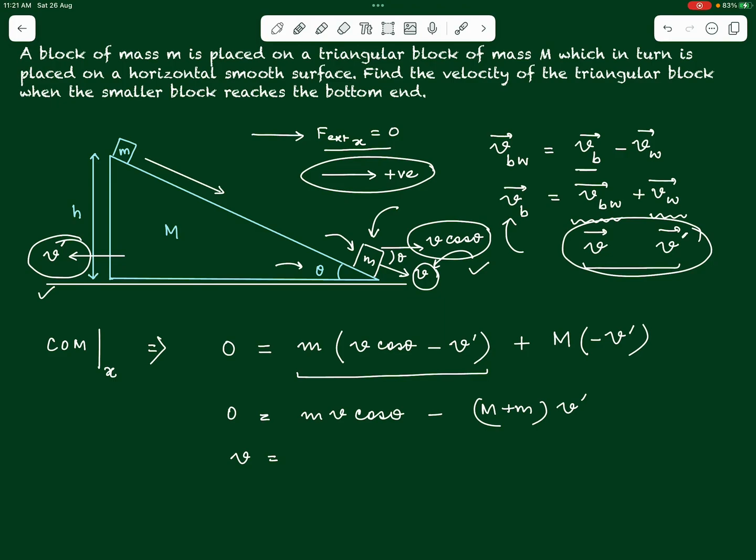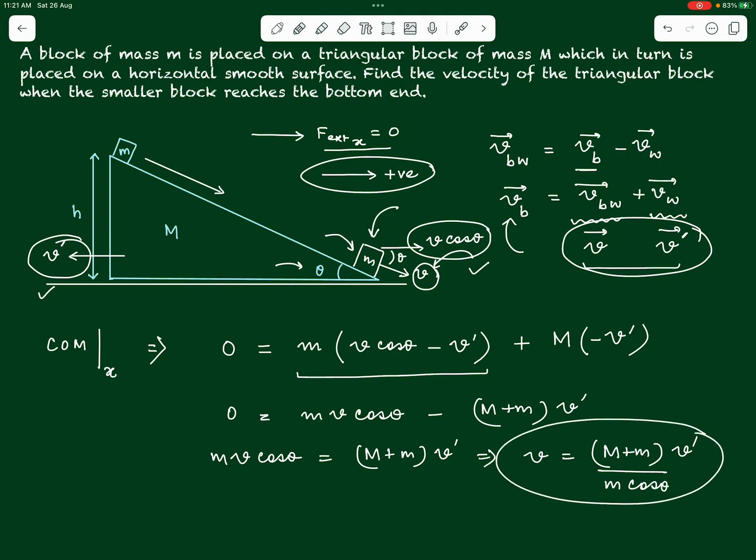From here if you solve this, first thing is you will get mv cos theta is equal to (m plus M) into v dash, and that gives us v is equal to (m plus M) v dash over small m cos theta, right. Let us call this equation number 1, the first relation between v and v dash.